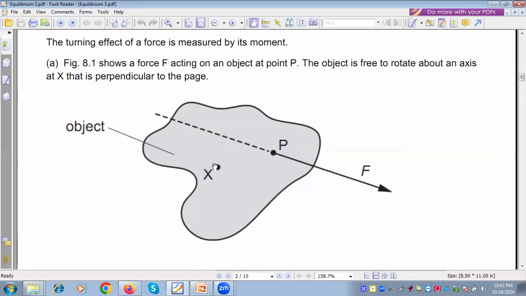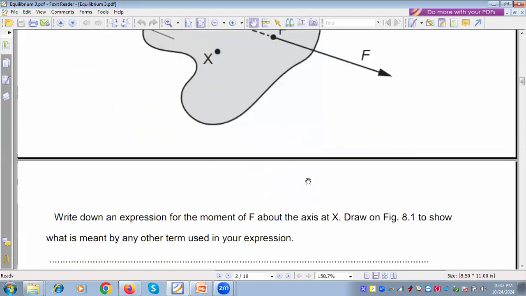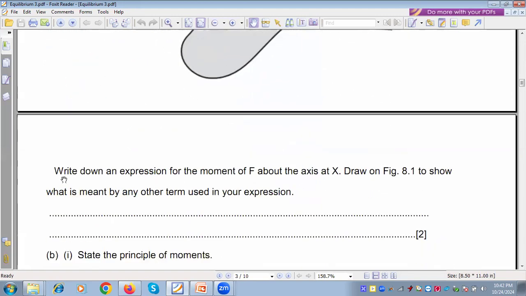So the axis is perpendicular to the page and the force is acting at point P. Let us see what is asked. Write down an expression for the moment of F about the axis at X. Draw on figure 8.1 to show what is meant by any other term used in your expression.